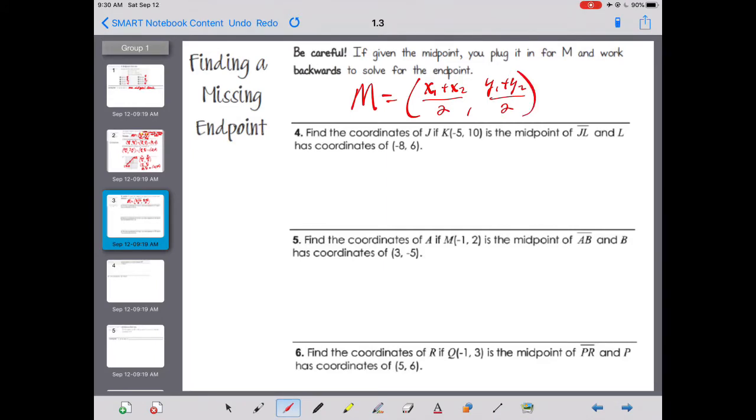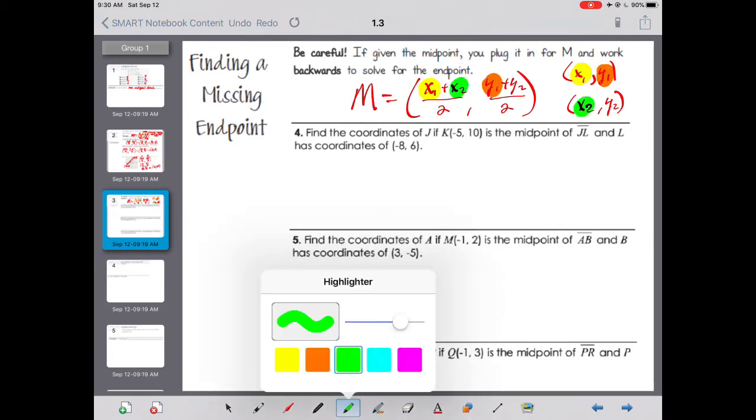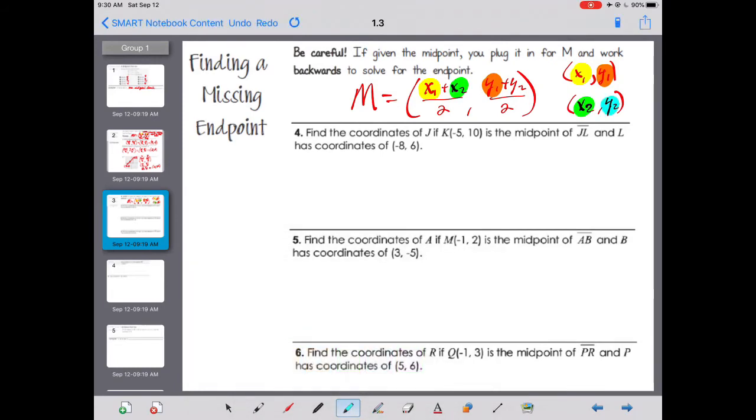Okay. All we're doing is substituting things that we know. When they give us x1, comma, y1 and x2, comma, y2, we just plug those things in where they go. x1 goes here. y1 goes here. x2 goes here. y2 goes there.